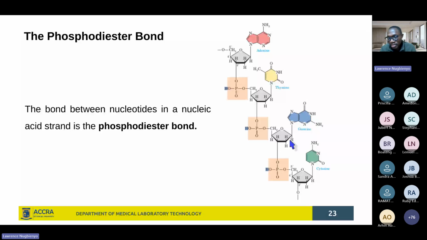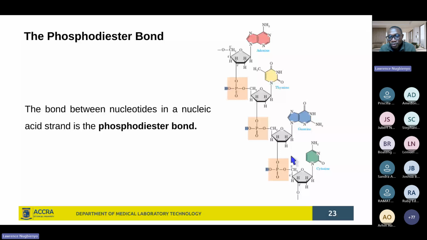And then it binds to the last, at the bottom, with the base cytosine. And you see between the nucleotides, all the bonds are shaded in orange. Those bonds are what we are referring to as the phosphodiester bond.